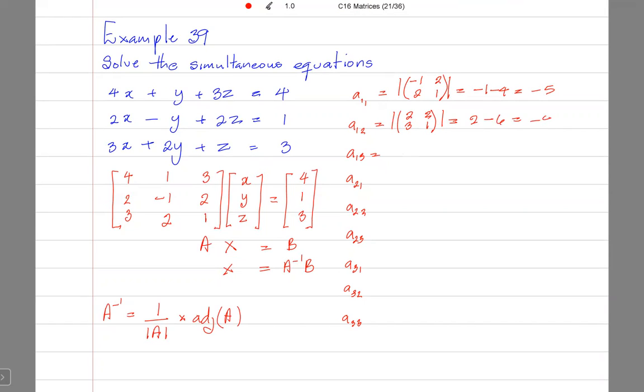The third one would be the determinant of 2, 3, minus 1, 2. This is 2 times 2 is 4, minus 3. This is 7. Second row, first column element: the cofactor for that would be the determinant of 1, 2, 3, 1.